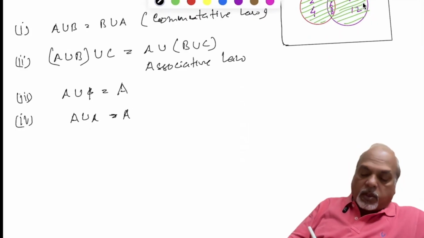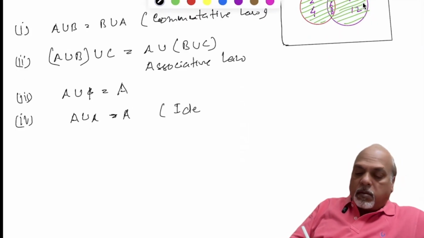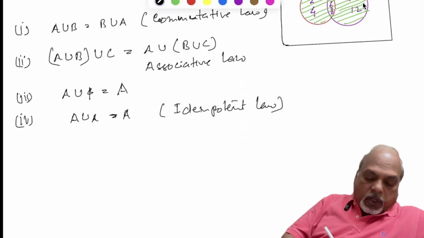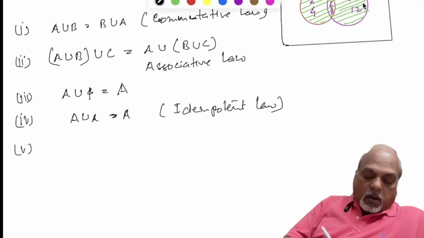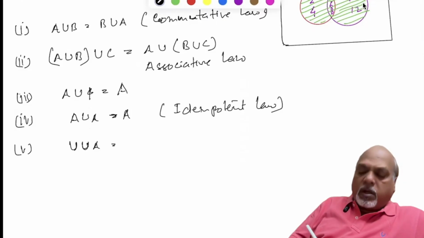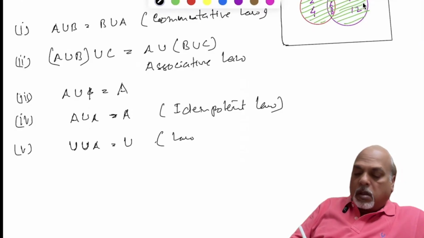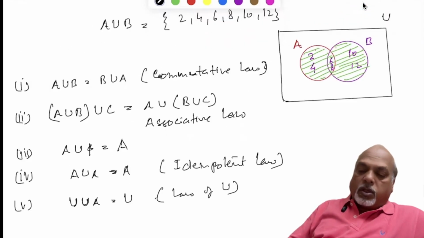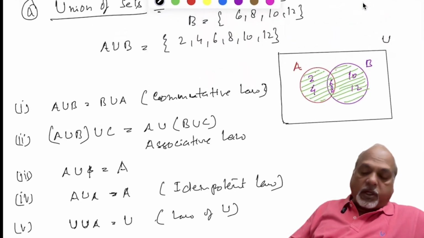There is no problem. This is called the idempotent law. And if you see the union of the universal set and A, it will be, of course, the universal set. It is called the law of the universal set. So this is about A union B, the union of sets.